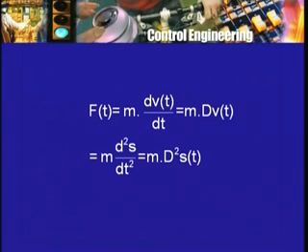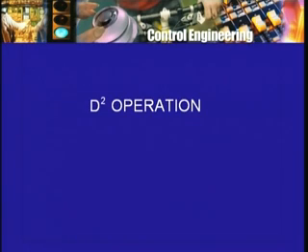And because the velocity itself is the rate of change of displacement or position, we could write this as m d²s/dt² at t, or we could write this as m d²s(t), where d² indicates that the differentiation operation is carried out twice successively.